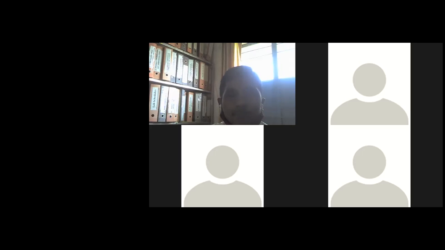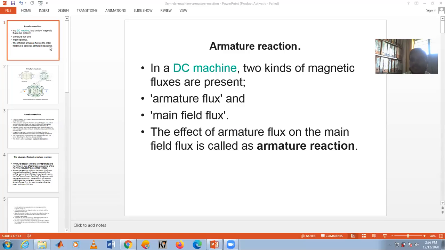We know that the generated EMF is Eg equal to φZNP by 60A. Based on that, some problems we will discuss later.